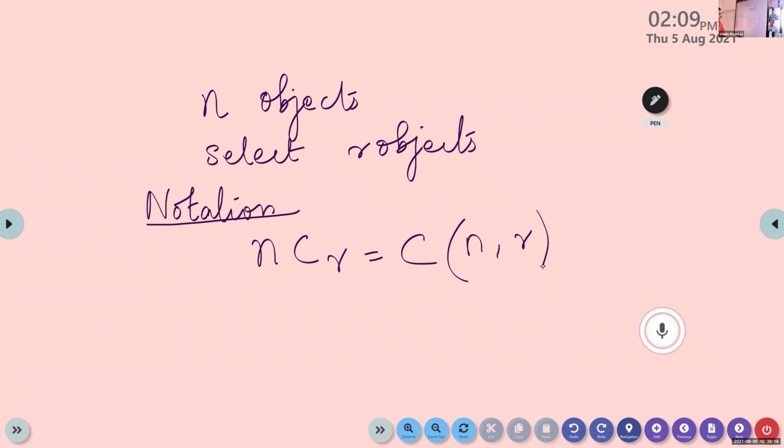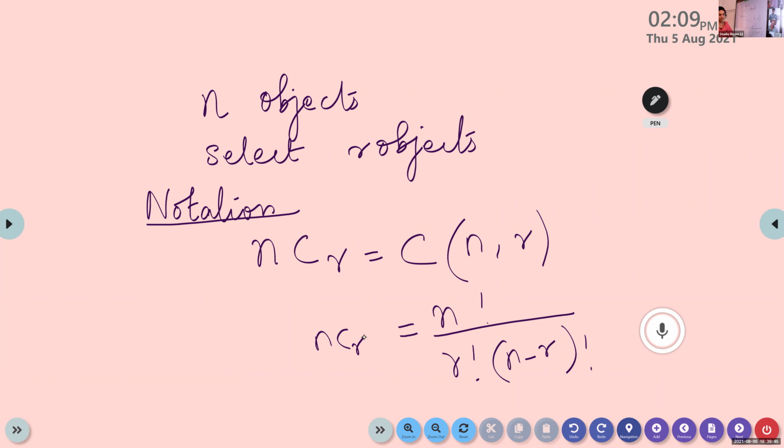So out of n objects, if we select r objects, we denote it like this. The notation used is NCR, which is equal to C of n comma r. Both notations are allowed. C of n comma r is defined as n factorial by r factorial into n minus r factorial.